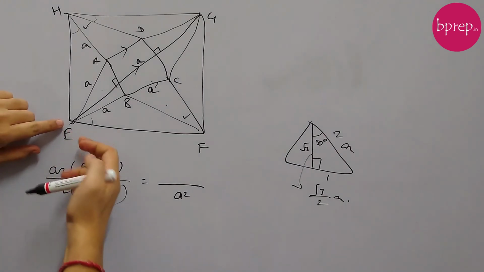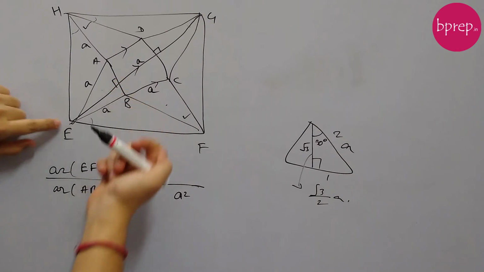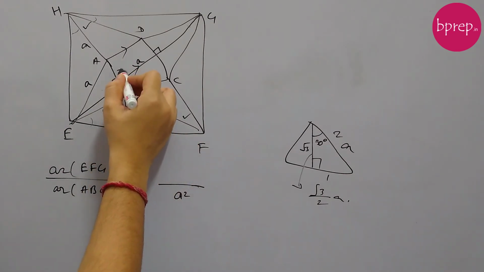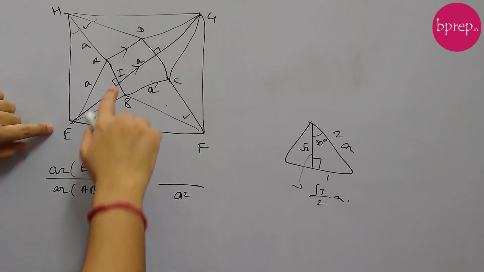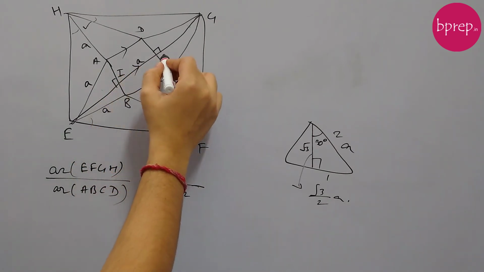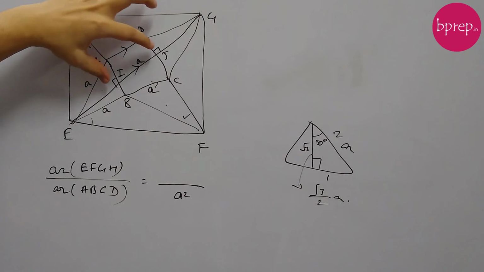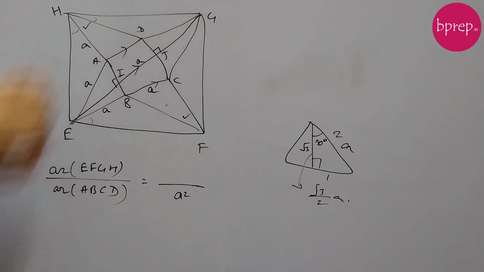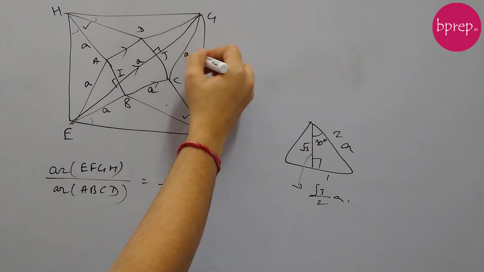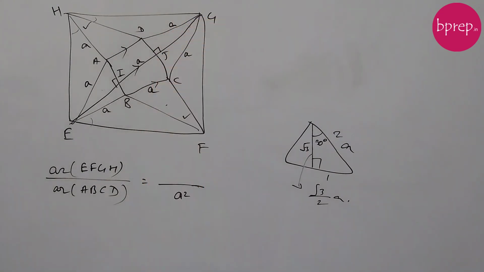So if E to this point, let's say I, EI is root 3 by 2 A and let's say this point is J, IJ is A, and again JG will be root 3 by 2 A because this is again an equilateral triangle and this is perpendicular. So GJ will again be root 3 by 2 A, right?